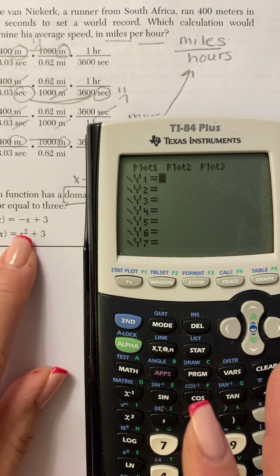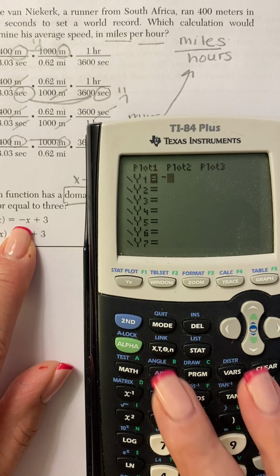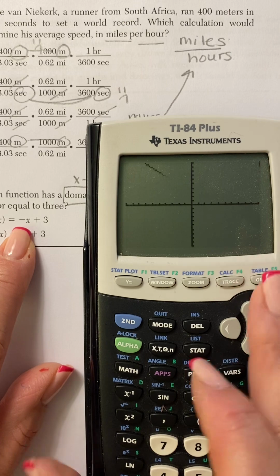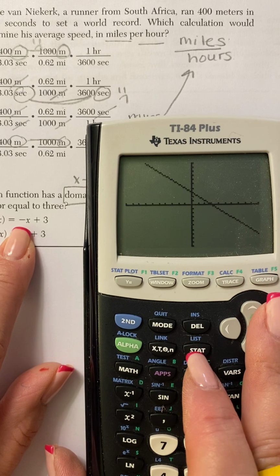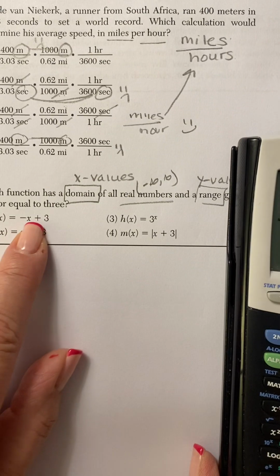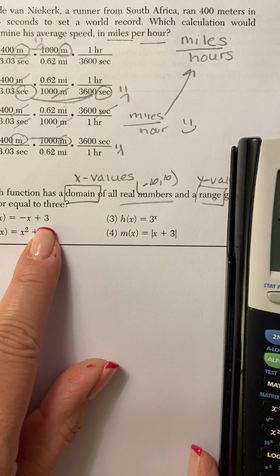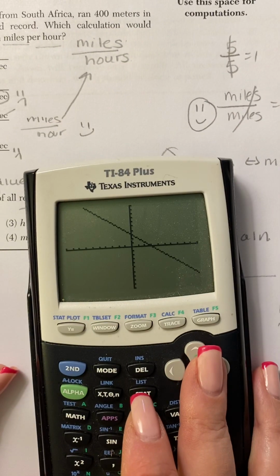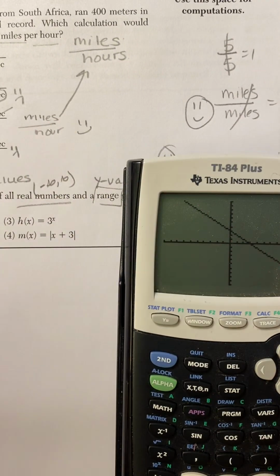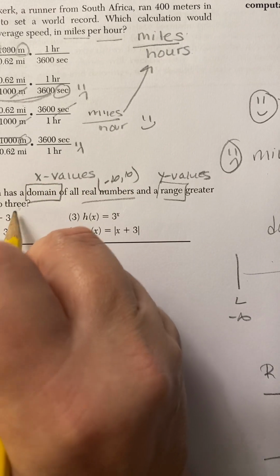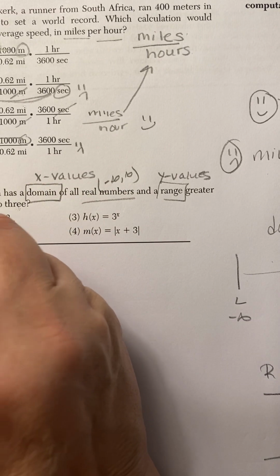So my first graph is a linear function, negative x plus 3. When I graph it, it keeps going and going and going. So yes, my domain goes from negative infinity to positive infinity, and so does my range. My range is also going on forever in both directions. So my range is not going to be equal to 3, so this is not correct.